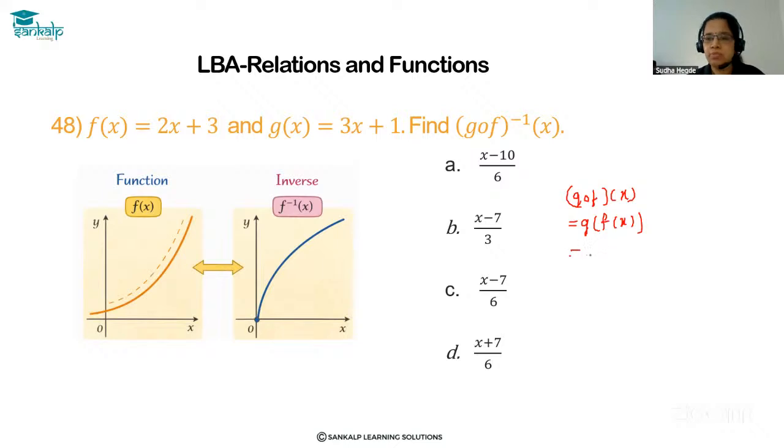Okay. Now replace f of x. F of x is 2x plus 3. Okay. Now what is g of 2x plus 3? G of x is 3x plus 1. Replace x by 2x plus 3. So 3 into 2x plus 3 plus 1. So it is 6x plus 9 plus 1, that is 6x plus 10.